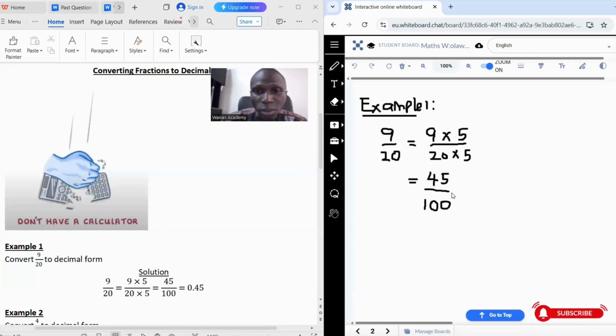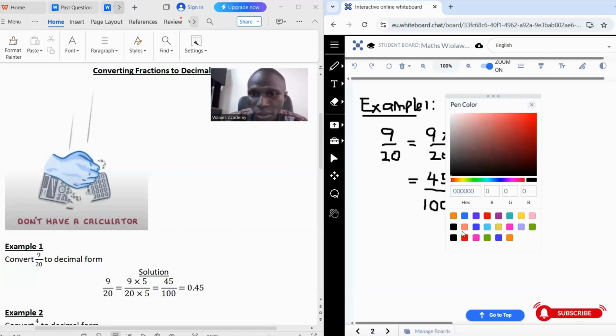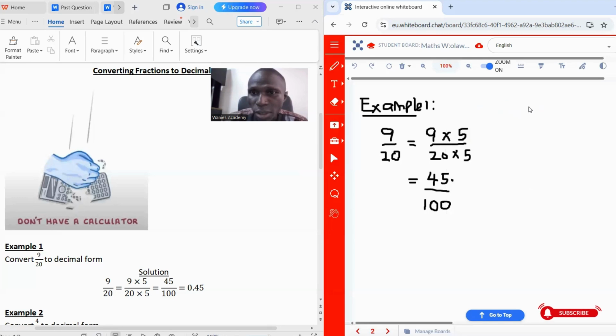What you just have to do is move the point to the left-hand side, to the back. You know that we have a point just after the unit digit, 5. Let's use our red ink for that. We're going to move it to the back twice because we have 2 zeros. So we move it twice, we have 1, 2, then we have the point here, and we have another 0 here.